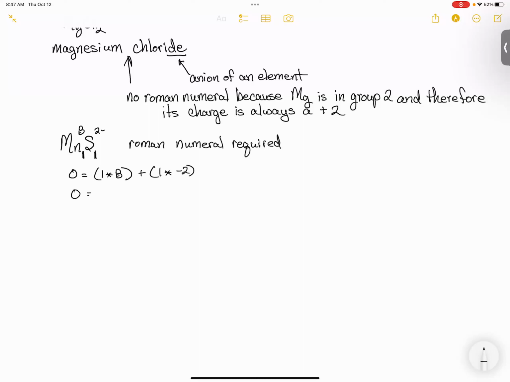So 0 is equal to B minus 2. So B has to equal a plus 2. So this is manganese 2, because the Roman numeral tells you the charge.